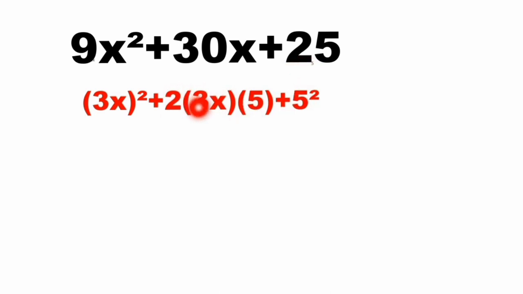Twice the product of 3x times 5 is 15x, and times 2 is 30x. And 5 squared is 25.